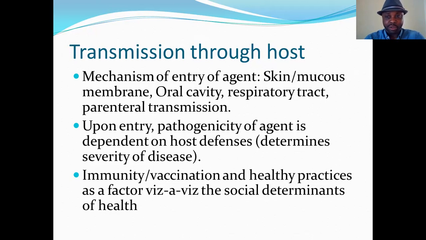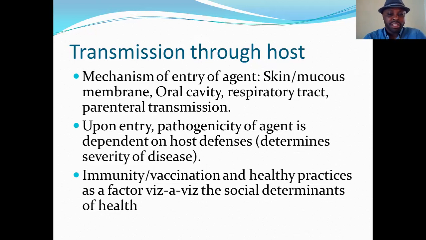In such cases, some people have mild symptoms, some moderate, and some severe. So the host defenses determine what we call the pathogenicity of the agent, that is the ability of that agent to cause disease, and also the severity of the disease in the individual.